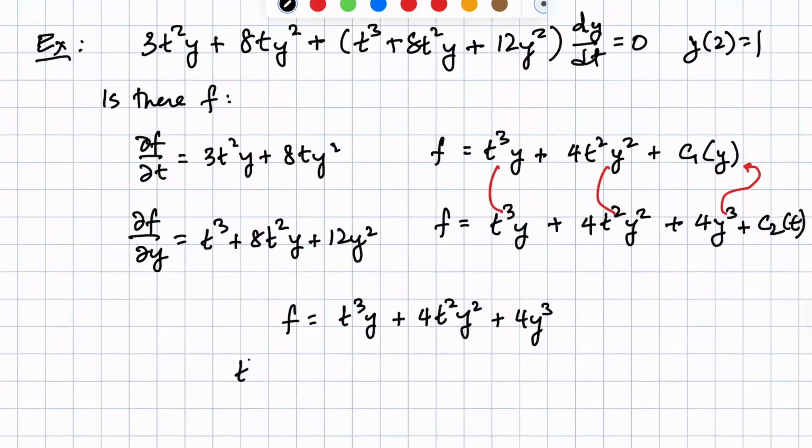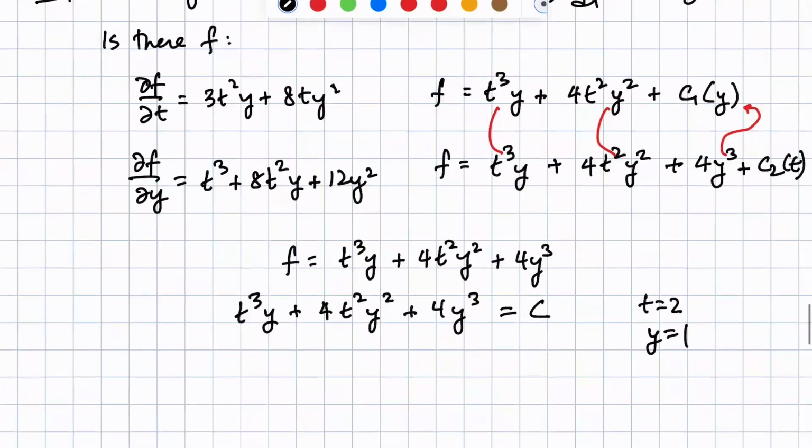And then the differential equation solution, the implicit function that we have here, is with a c. Now, in this case, we can solve for c because we have an initial value. So at t equals 2 and y equals 1, let's figure out what c is.